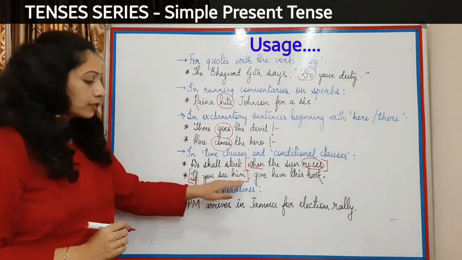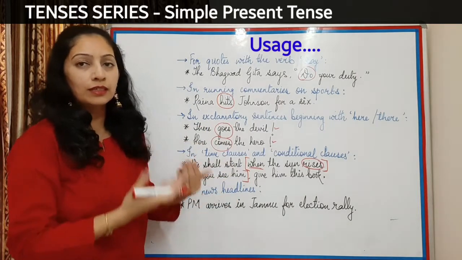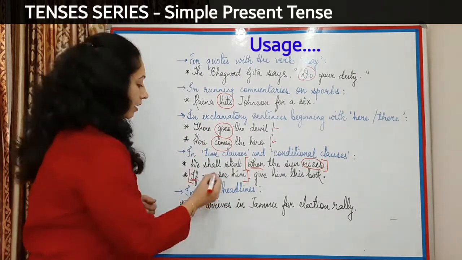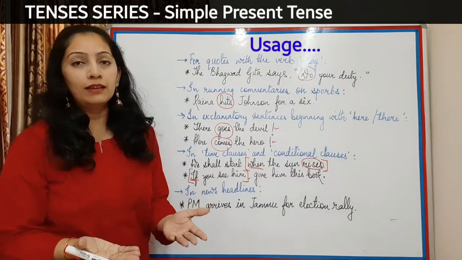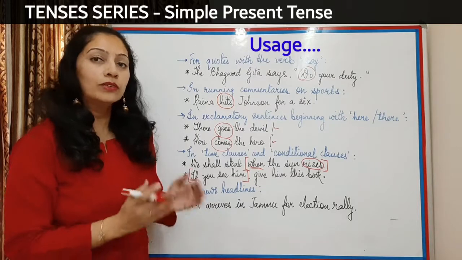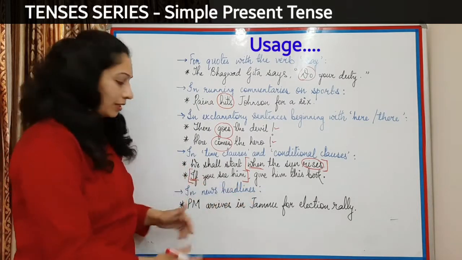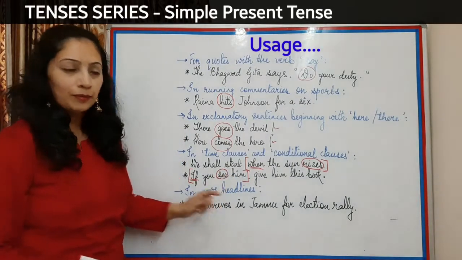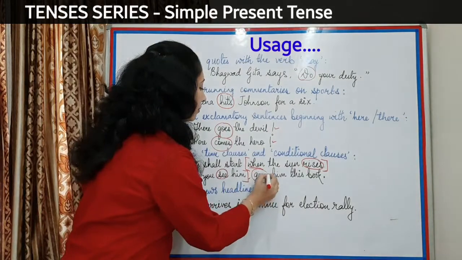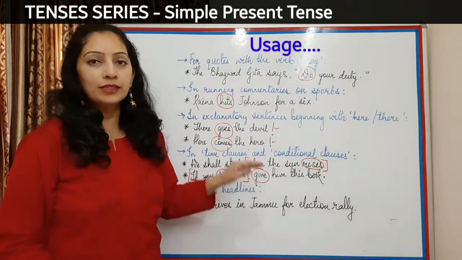Now in this case I have to use simple present tense because it's a conditional clause. Now if we move to conditional clauses, there are other possibilities also, but right now we will stick to only where simple present tense is used. So in this case, if you see him, look at the verb here, see him, and give him this book. Now if you look, both the verbs are in present tense.